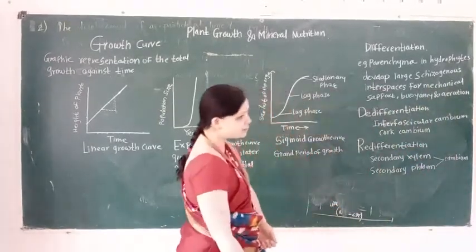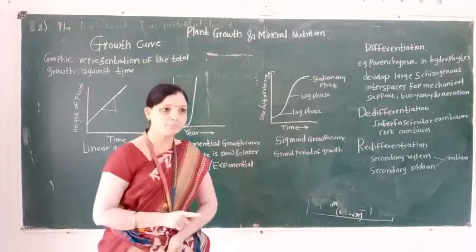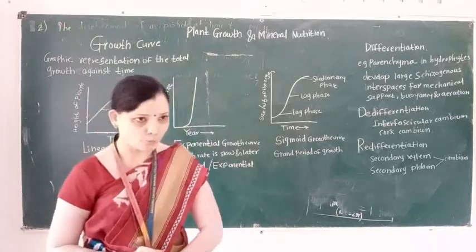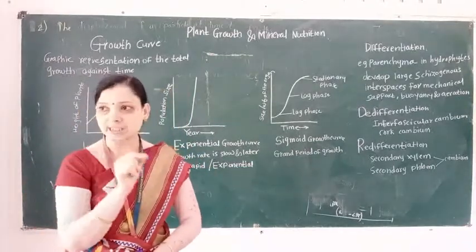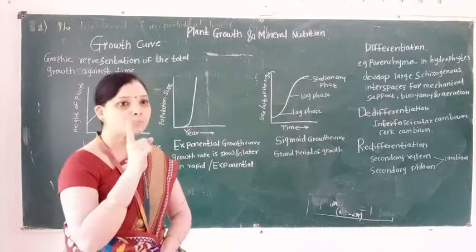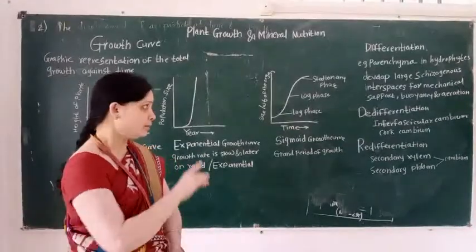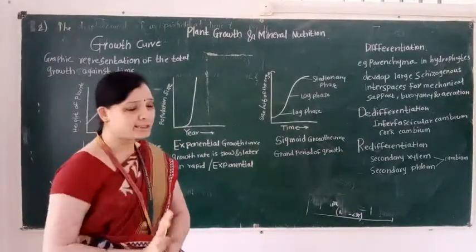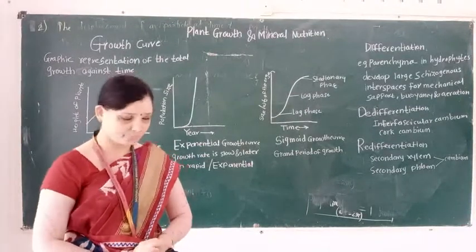So an example of differentiation is parenchyma tissue in hydrophytes develop schizogenous interspaces for mechanical support, buoyancy and aeration. So you understand this concept that is called differentiation.